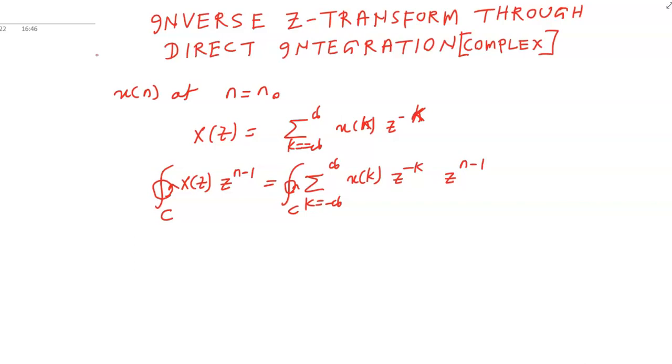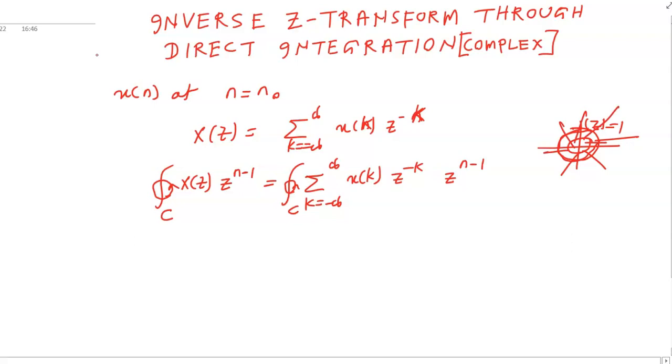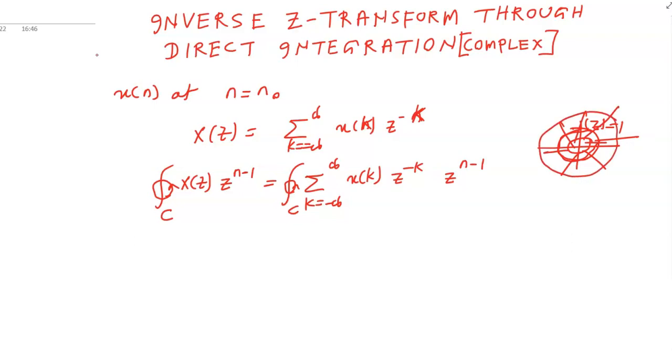Now, as you know, the contour is inside the ROC, because in the Z transform you have an ROC. This is the circle magnitude of z equal to 1, and let's say you have an ROC here, and the contour should be inside the ROC.